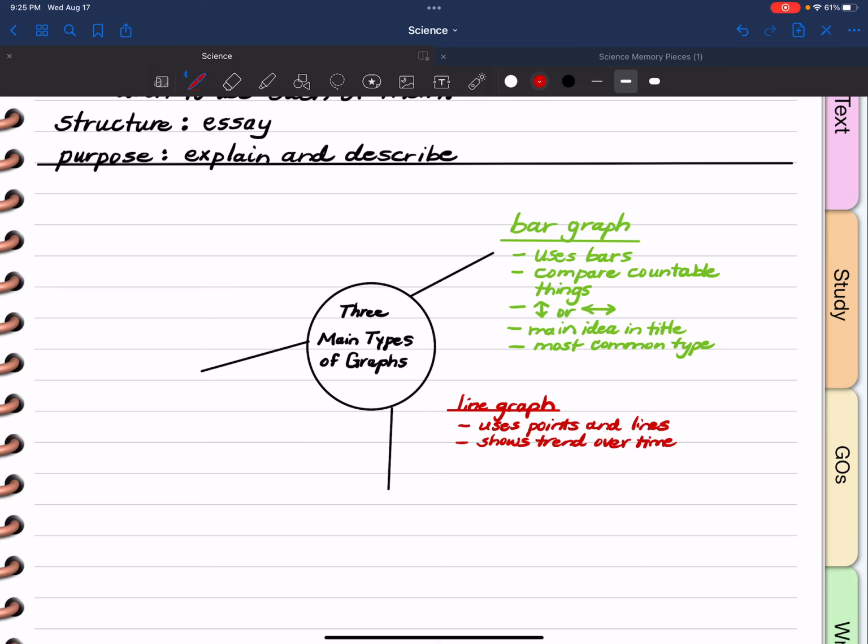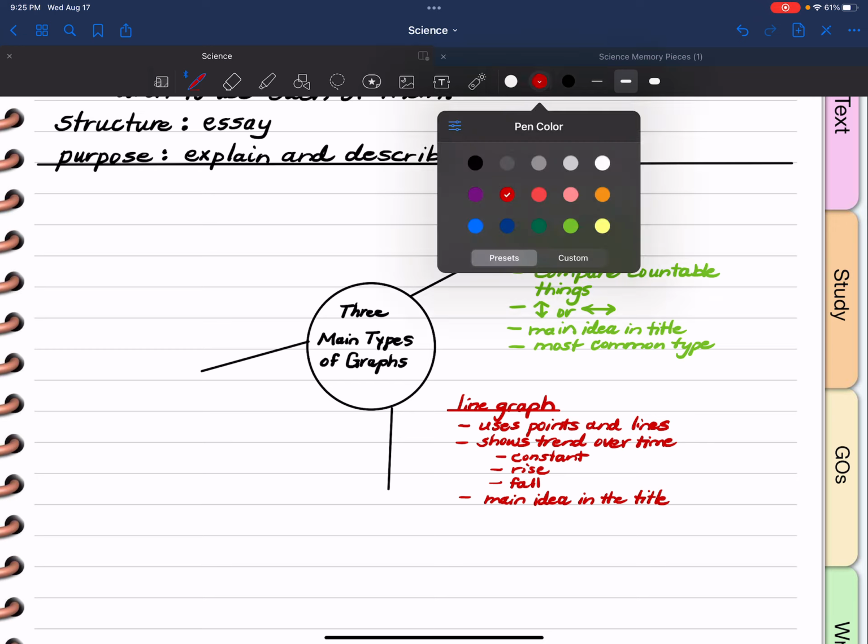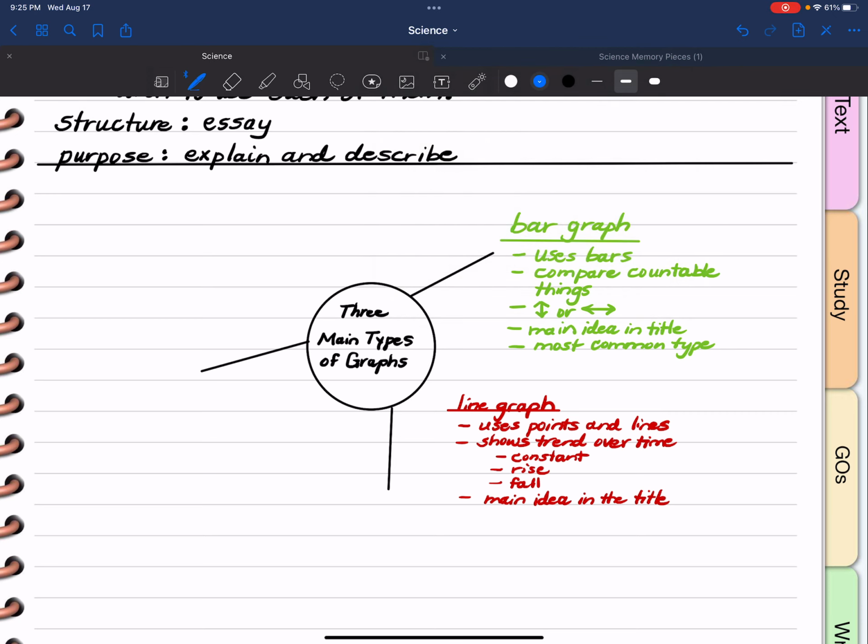And remember, the trends can be constant, rising, or falling. We would put the main idea in the title. Okay, that's all I can think of. If we think of something else, we can come back and add it.